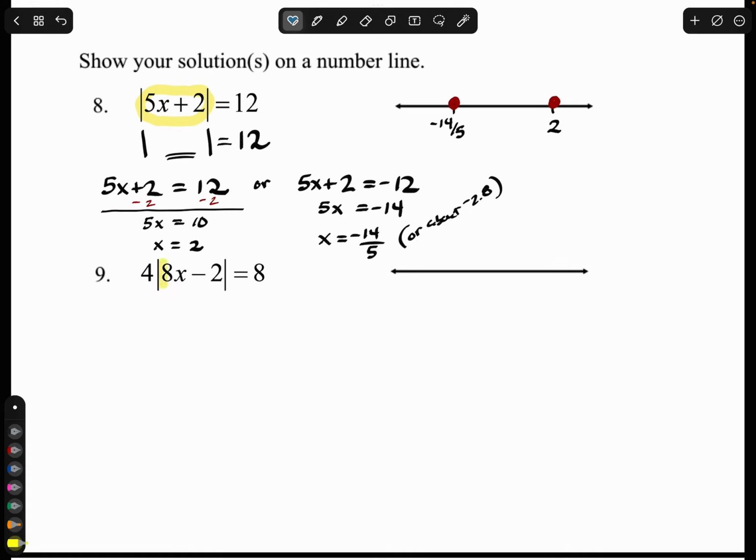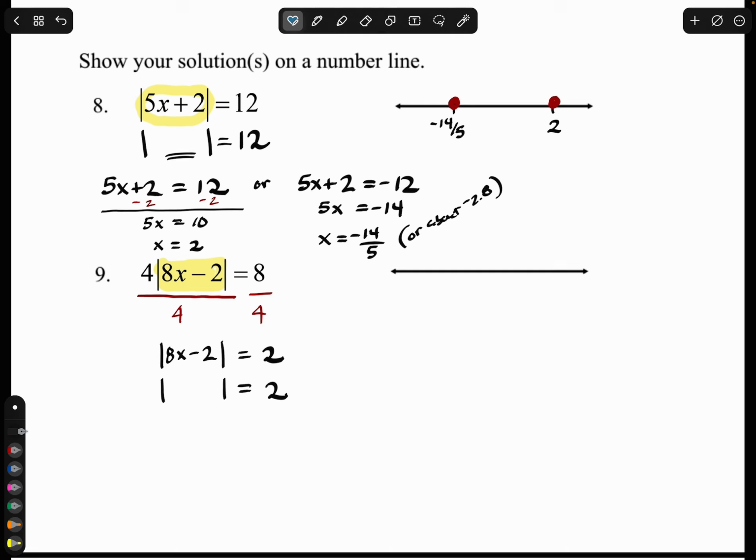Now for number 9, again, it's an absolute value equation. We've got our absolute value brackets, something inside, but we need to get rid of what's not attached. So since we have 4 times the absolute value of 8x minus 2 equals 8, we want to get rid of this 4 first. So we're going to divide both sides of the equation by 4. And we have the absolute value of 8x minus 2 is equal to 2.